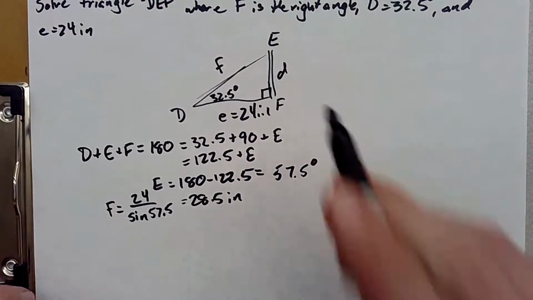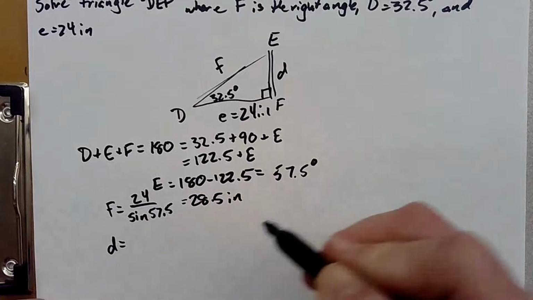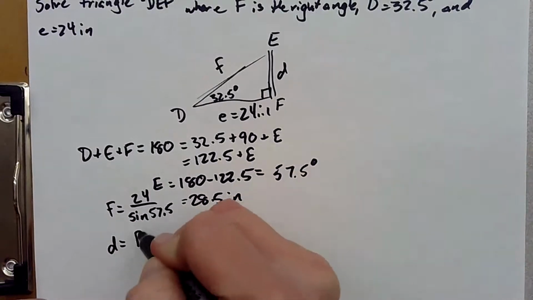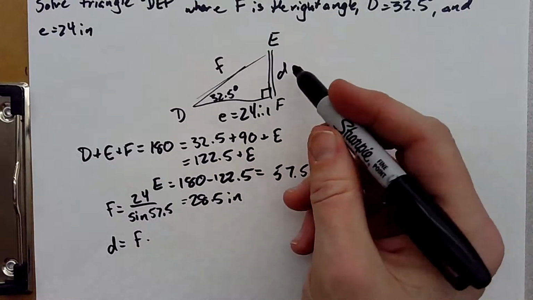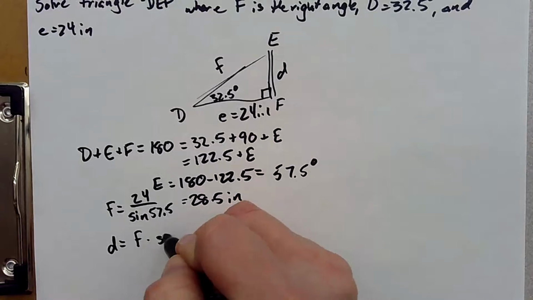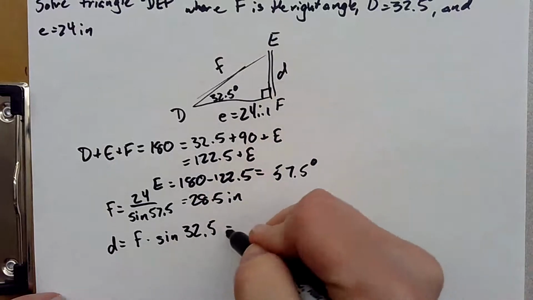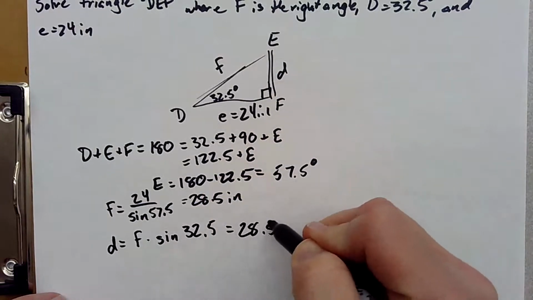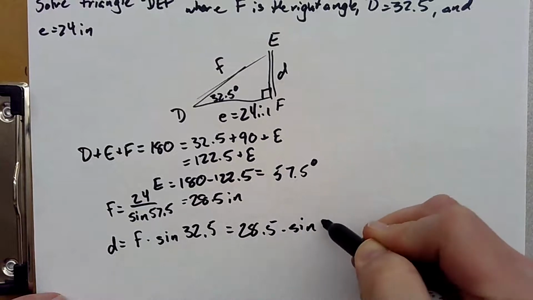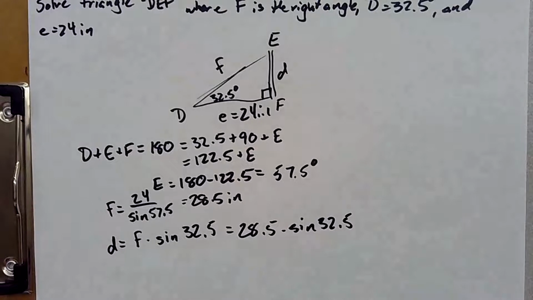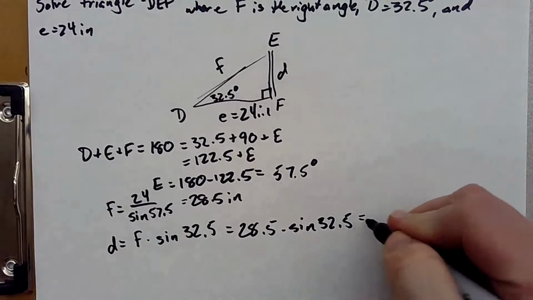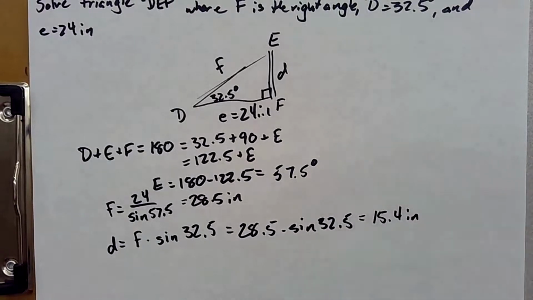And then to find D, D is equal to F times the sine of 32.5, or sine of D. So that's 28.5 times sine 32.5, which gives us 15.4 inches.